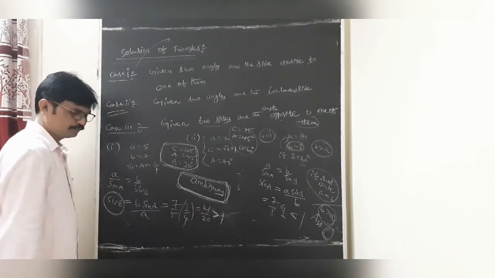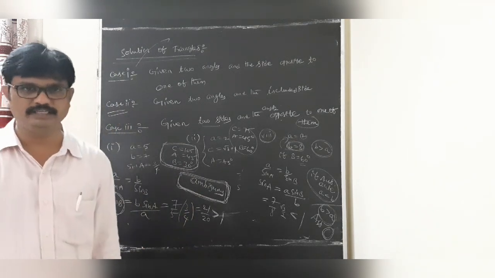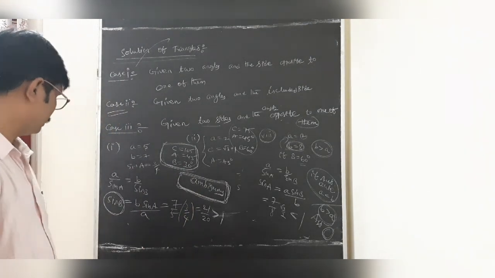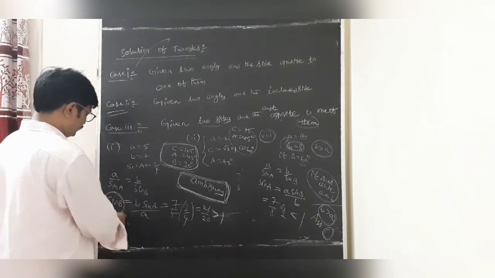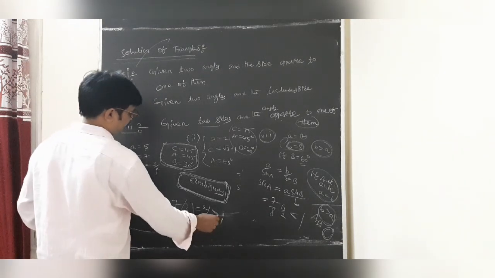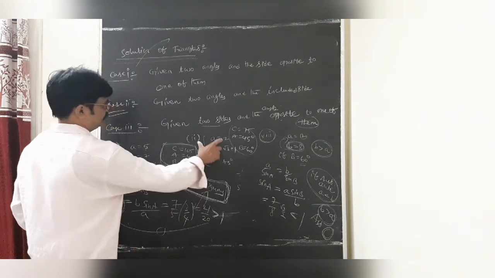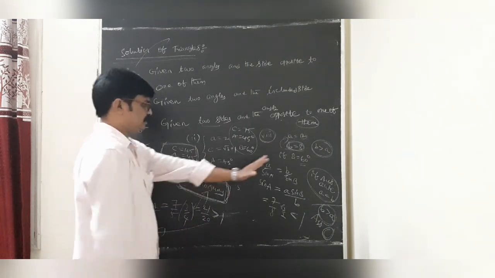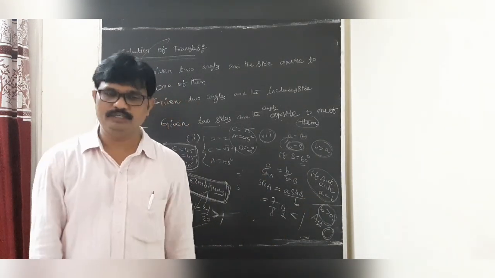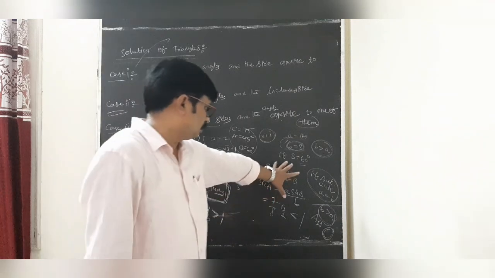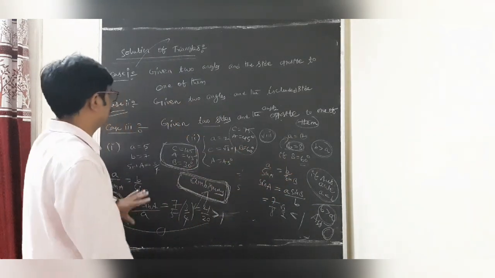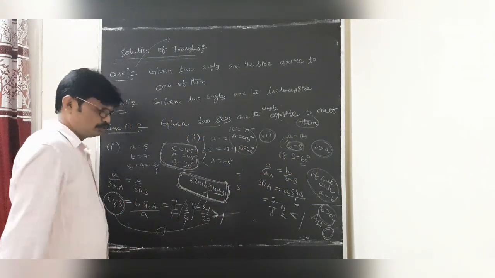In this case, only one triangle exists. Zero triangles exist since it is greater than 1, that is ambiguous, zero triangles. In this case, two triangles. In this case, only one triangle. Is it clear, students? In this case only one, in this two, in this 0.